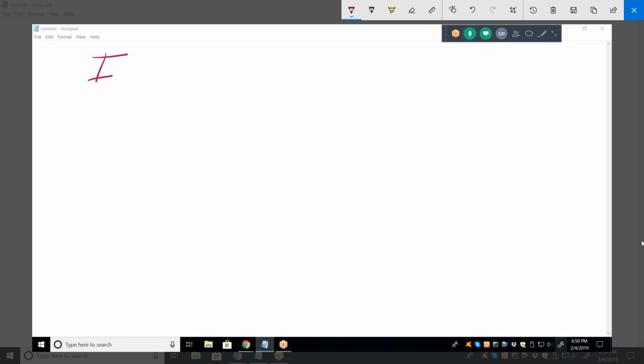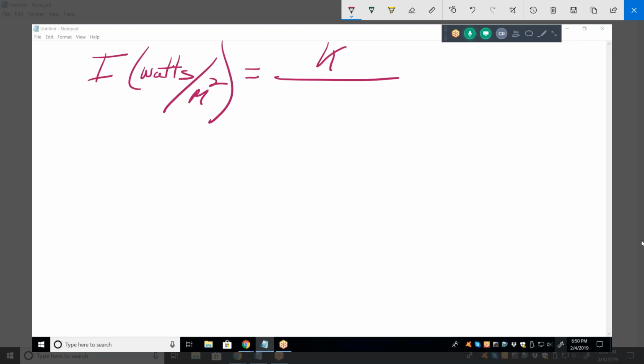Yeah. In watts per square meter. And then it varies inversely. Hold on. Okay, varies inversely means this. With what? With the square of the distance in meters.